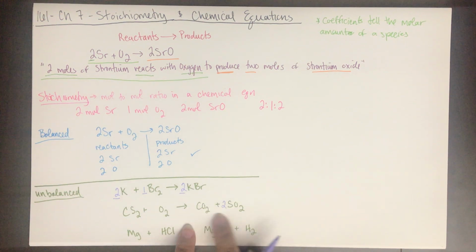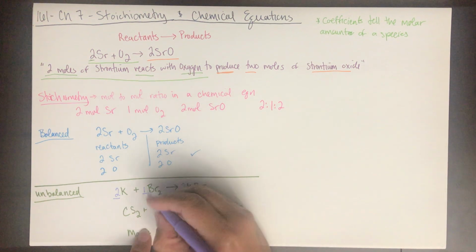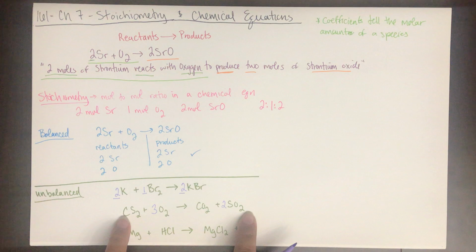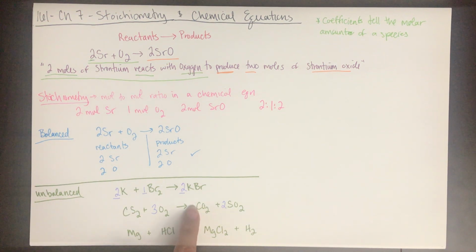So now the total on the product side is 6. 2 plus 4 is 6. So that means I need a 3 here. So now I have 6 oxygens on this side, 6 oxygens on this side, 1 carbon, 1 carbon. So now it's balanced. So the mole to mole ratio here would be 1 carbon disulfide, 3 oxygens, 1 carbon dioxide, 2 sulfur dioxide.